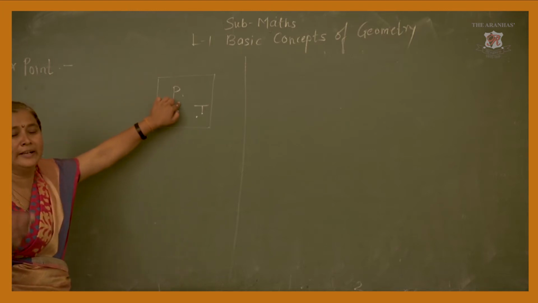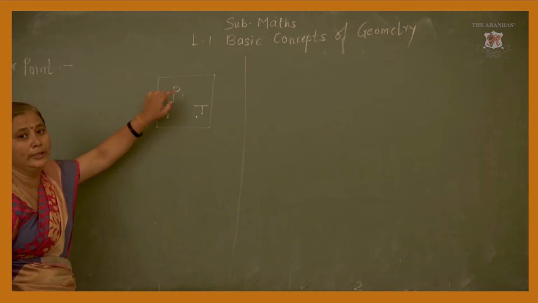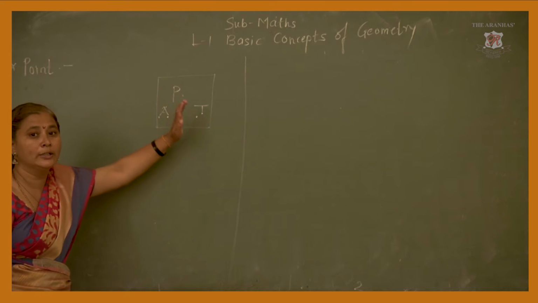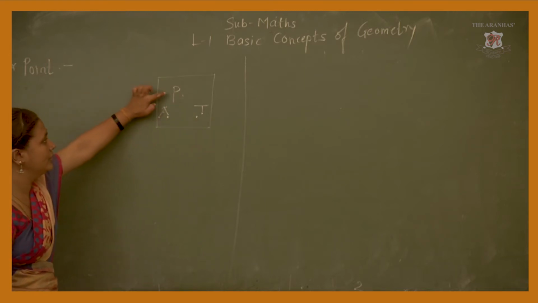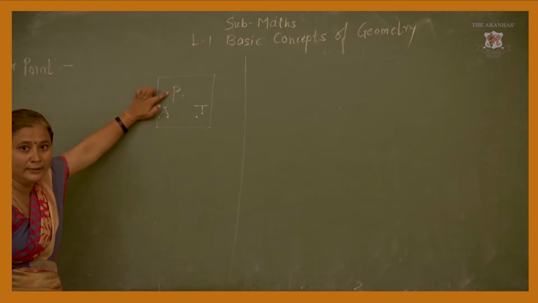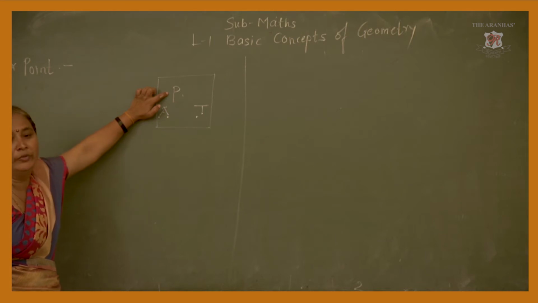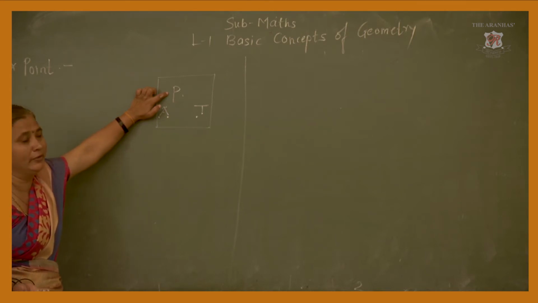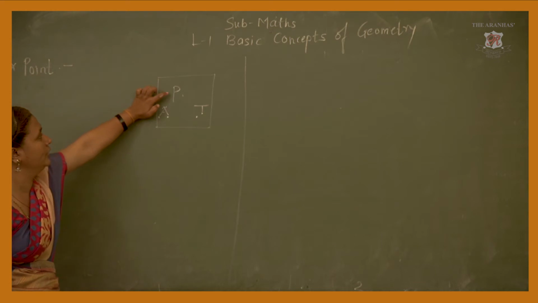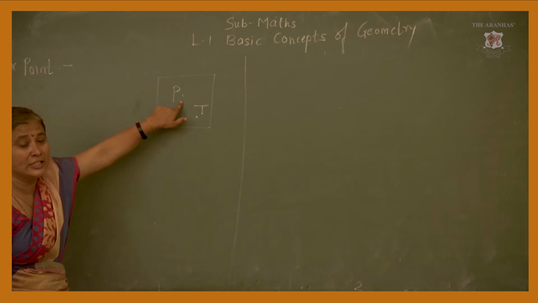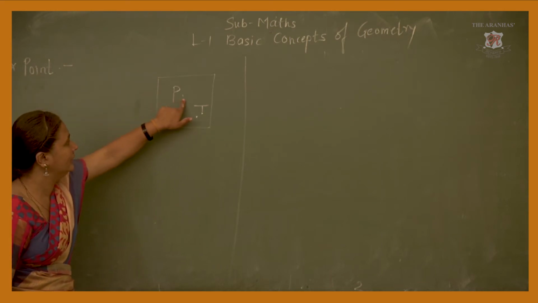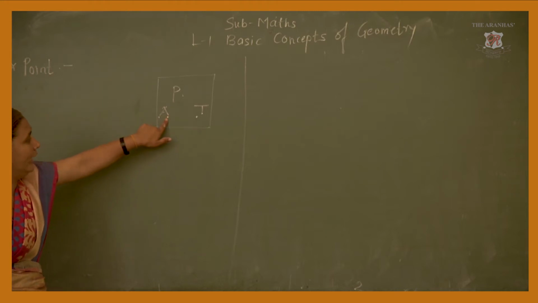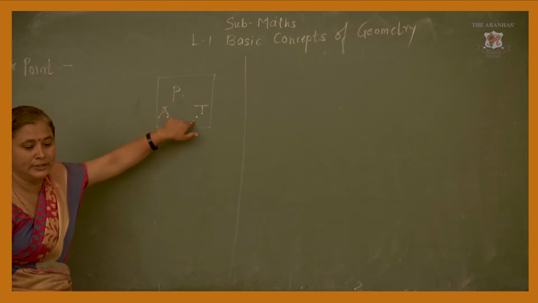A very fine sharp dot is called point. To denote the point, we are using the capital letters of the alphabets. Here in the picture, it is read as point P, point A, point T.